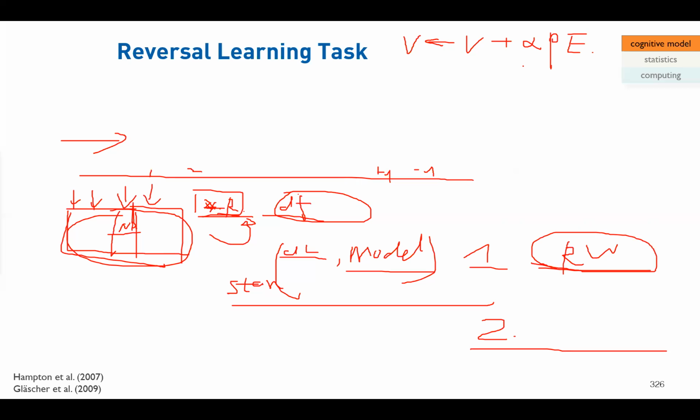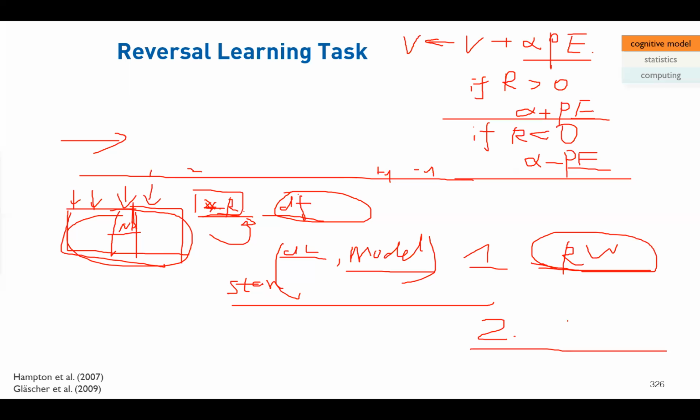So that literally means if the R is above 0, we will use alpha plus for the updates. And if the R, the reward, is negative, we will use something called alpha minus to update the value, okay? So we can call this model an RP model, for reward punishment, okay?